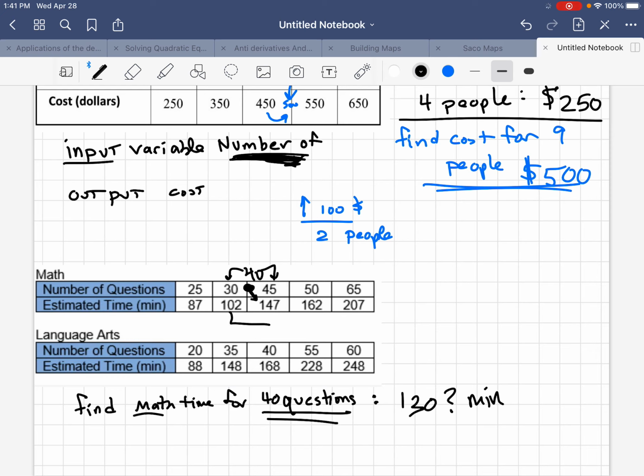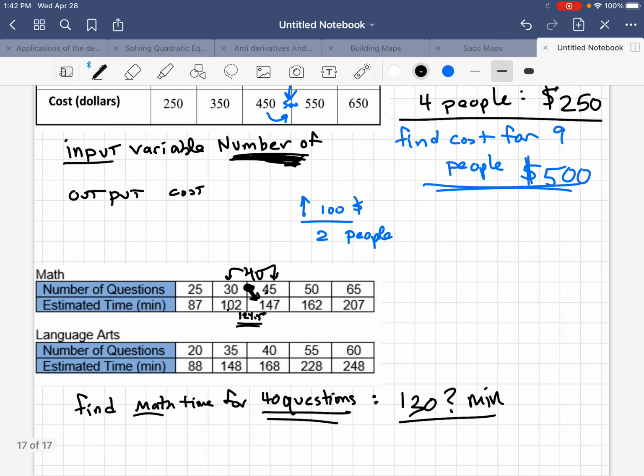Any number between 102 and 147 is acceptable within reason. If you found the median of those 2 numbers, that's going to be 124 or 125, about halfway. You want to be on the closer side of the higher number because 40 is clearly closer to 45. So 130.